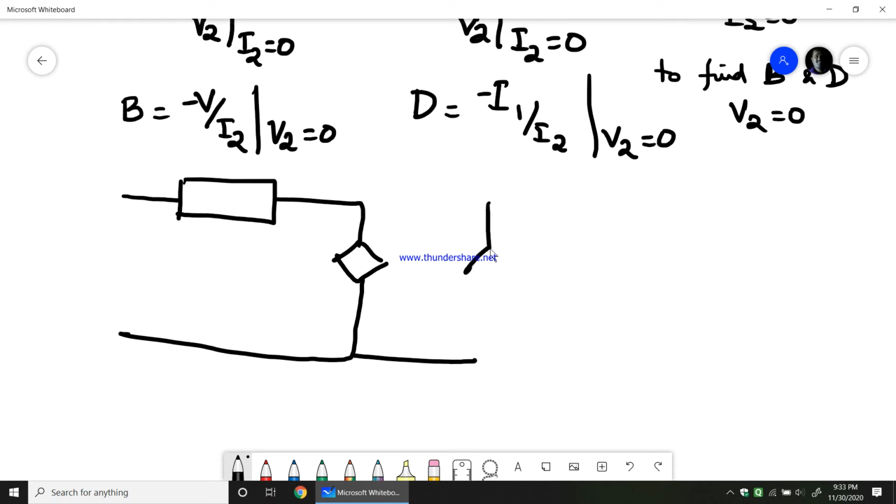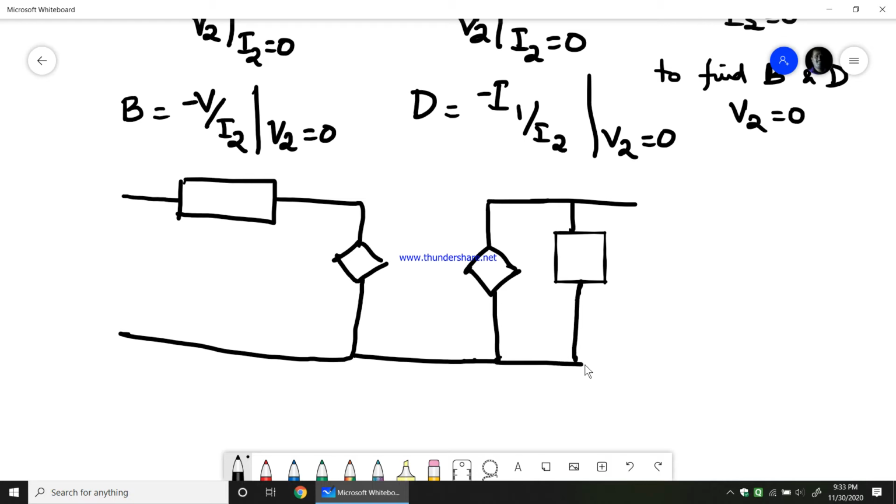So you will have a parallel network at the output port. This is how it is. So now this is plus-minus V1, I1, and this would be a voltage source. When it is in series, when you are writing KVL, you need a voltage source, and this would be a current source. So now I2 is leaving, and this is V2.